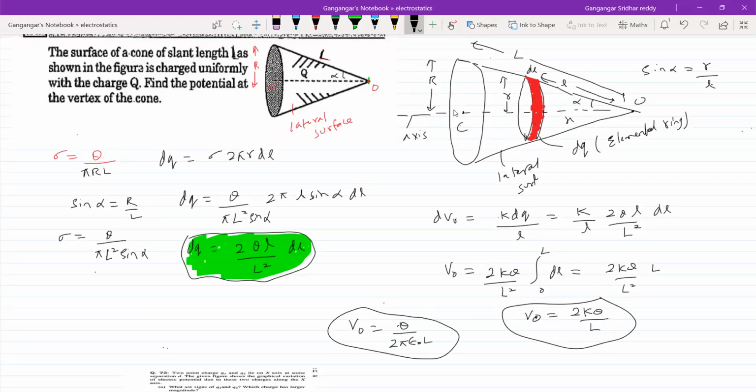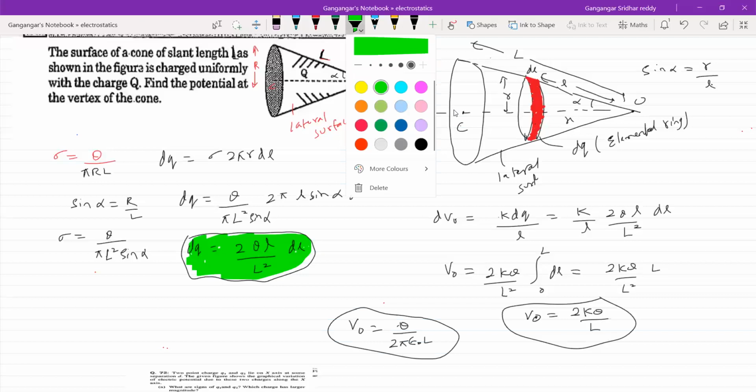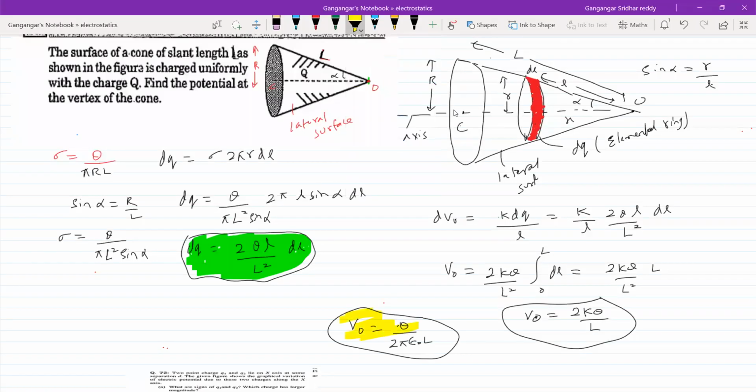It can be asked, simple mathematics, no? The only thing is that getting that elemental charge is what will trouble you.